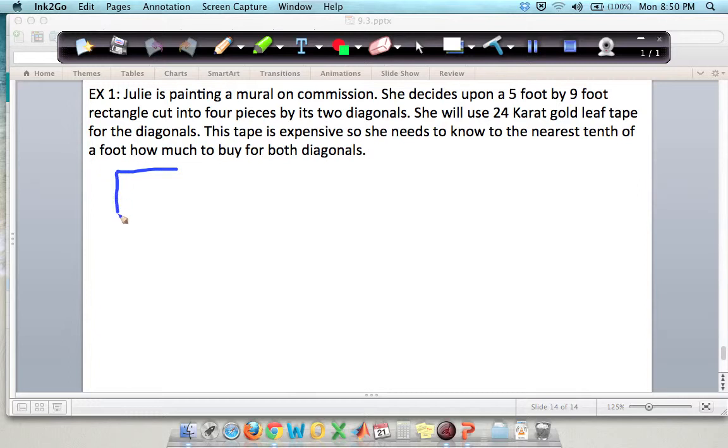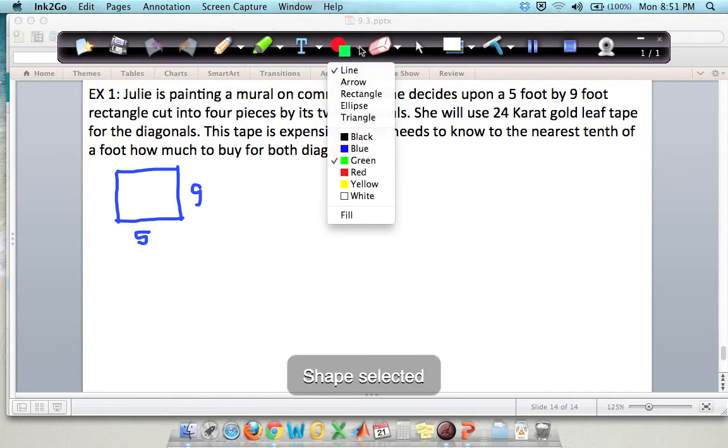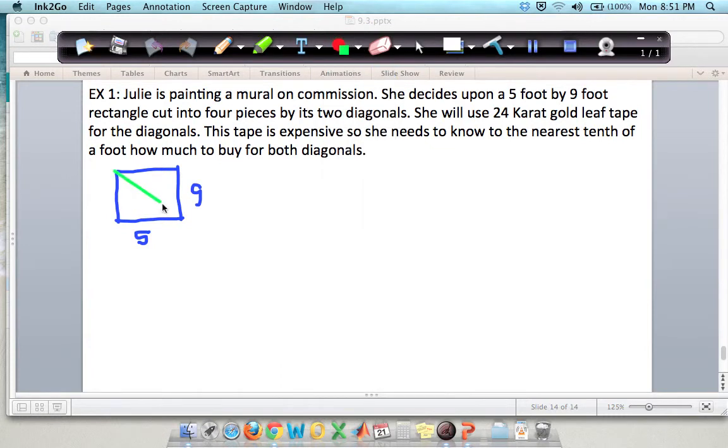and I'm not going to use the straight edge right now. I'm just going to do a rough estimate. So this is not to scale. Let's say this is 5 by 9. And then what she's doing is she needs gold leaf tape for the diagonals. I'm actually going to draw a line here and a line here.